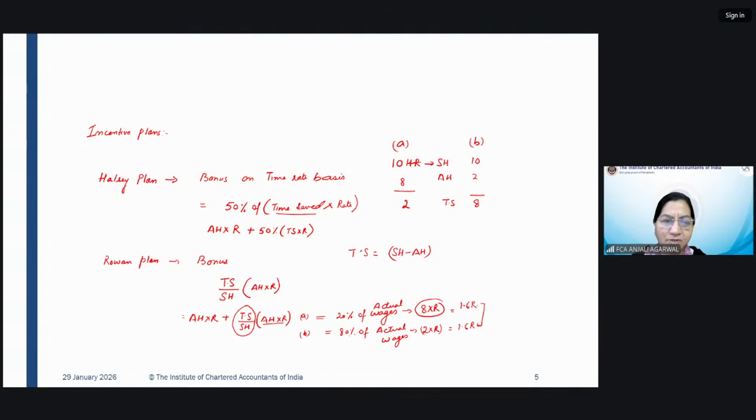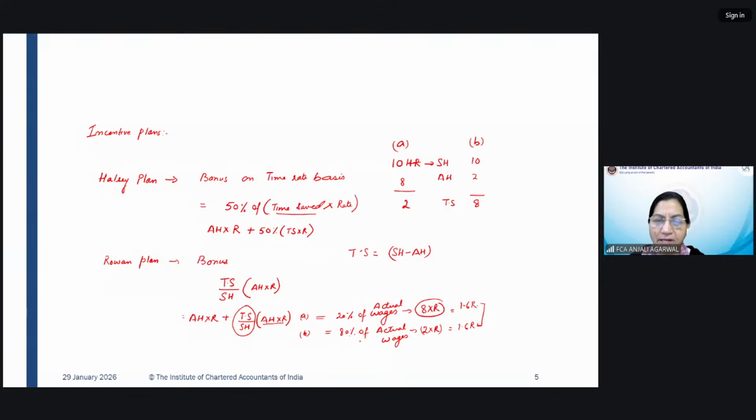So the bonus keeps on increasing till the actual hours are 50% of the standard hours. Or we can say that actual hours and time saved are exactly equal, 50-50. Beyond this, Rowan plan starts decreasing the wage rate.